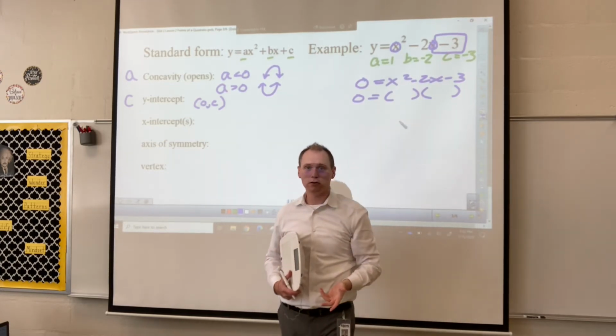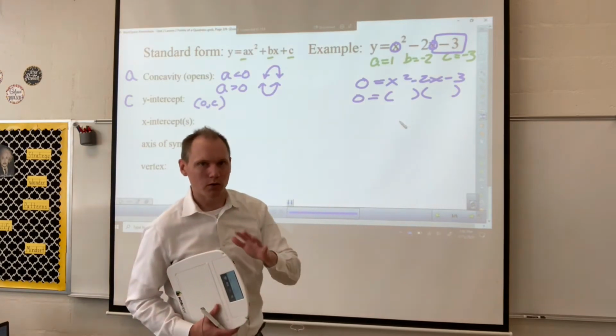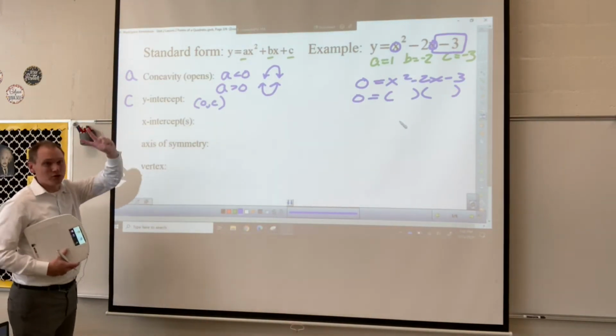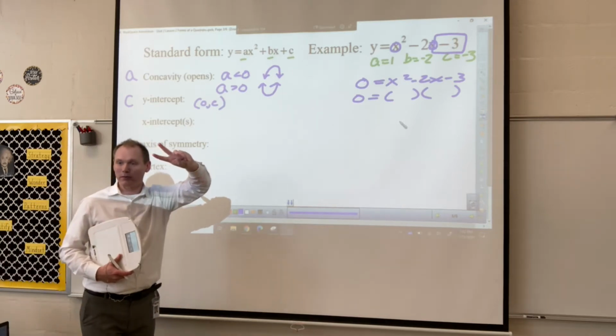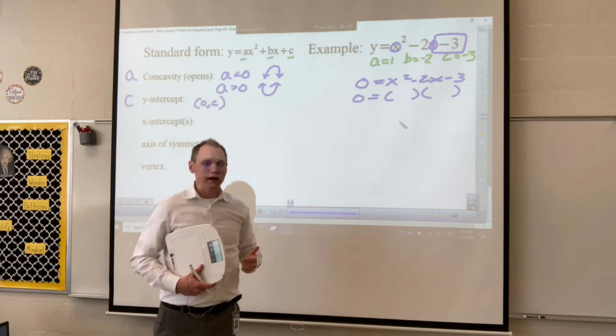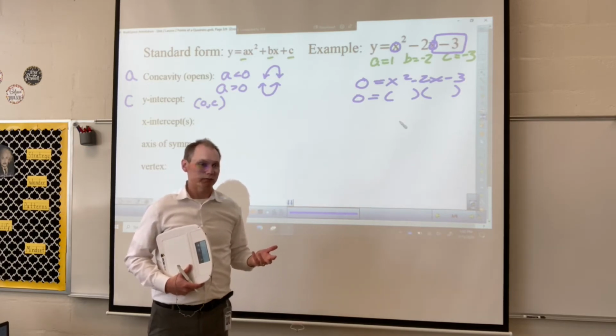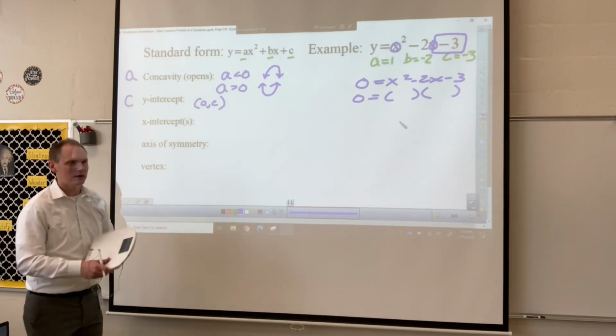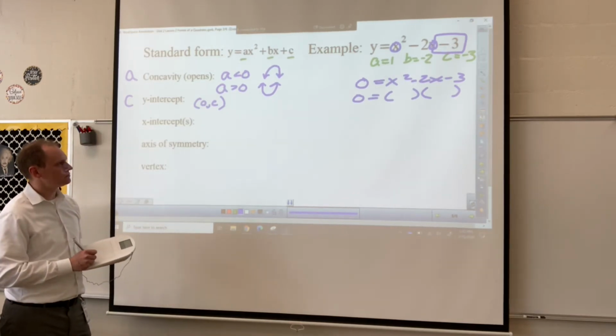If you haven't seen the quadratic formula before, then don't worry about it. But just want to throw that out there. So really two things we can find from standard form: concavity and y-intercept, very easily. Beyond that, it's going to take some work. All right, so we'll come back to these at a later point in the next unit.